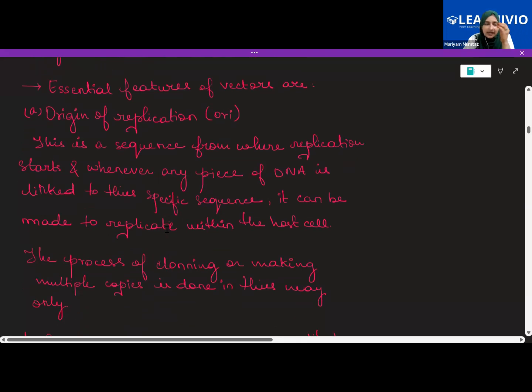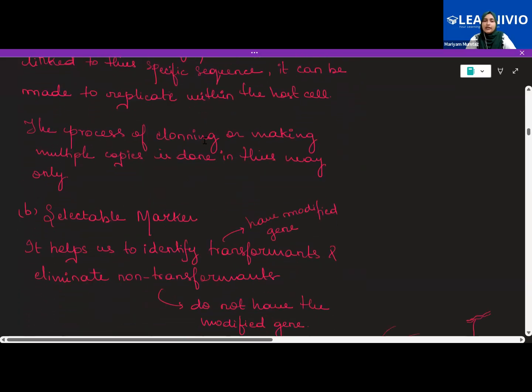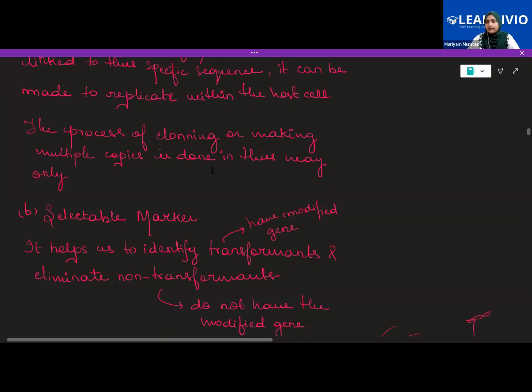And whenever we try to link a piece of DNA into a vector, we require this ORI so that the DNA or plasmid will replicate, as the vector will be replicating alongside. So the process of cloning or making multiple copies is done in this way, that you link the gene of interest to the ORI and thereby you get the product. Clear?